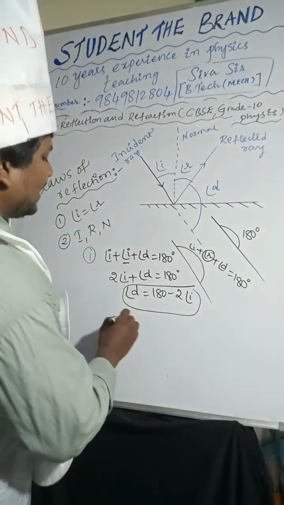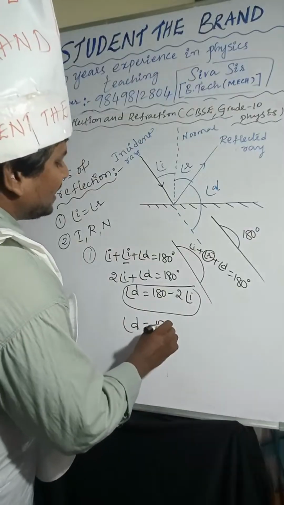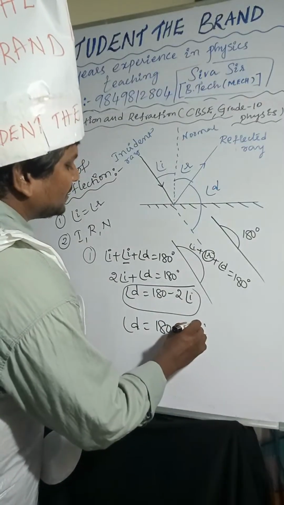We can also take angle of deviation equals 180 minus 2 angle of reflection.